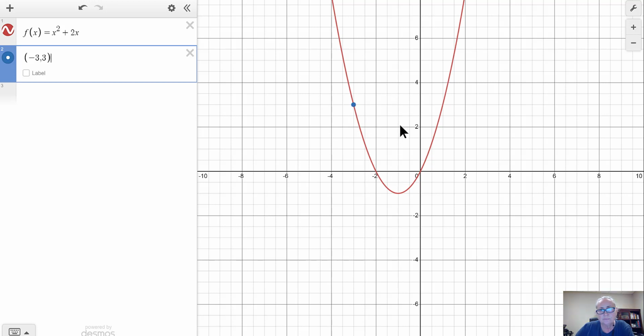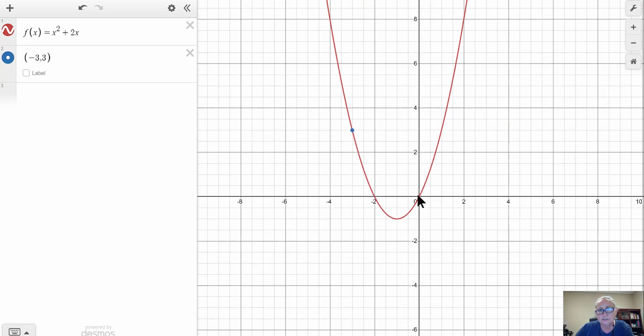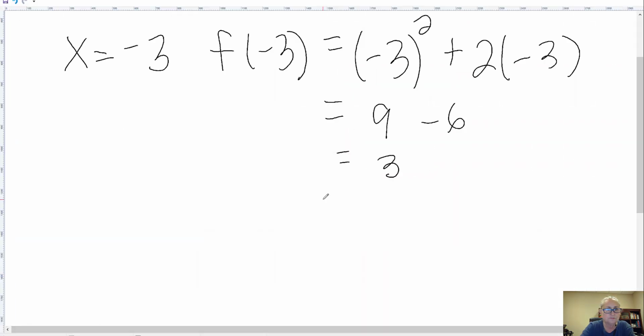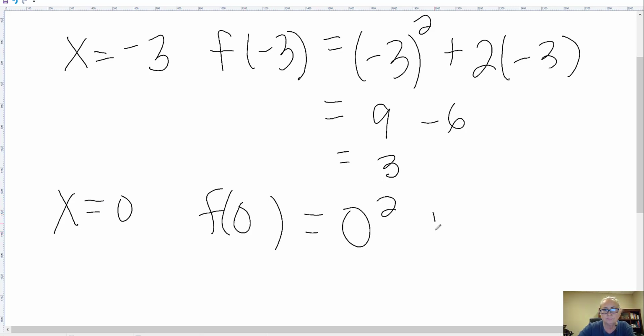Okay, now I'm going to pick another point. Let's say I pick 0, because that's an easy one. So I do f of 0. That's going to be 0 squared plus 2 times 0. Well, that's going to be the point 0, 0.